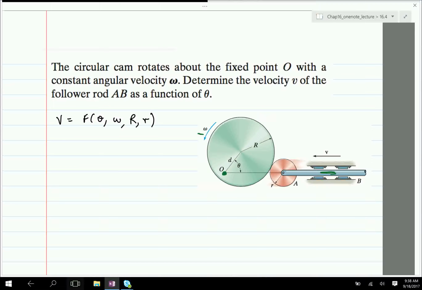So when you move it that way, this is going to move. Assuming there's a force here due to a spring, that's going to press onto it. It's going to move back and forth, and that motion is not going to be uniform. It's not going to be constant, right? Because this distance is going to change in a non-uniform way. So v will not be uniform. The only input to this particular mechanism is omega. You're going to find v.